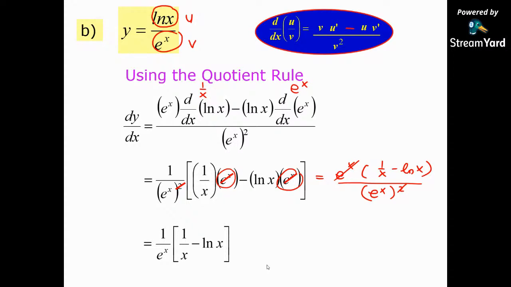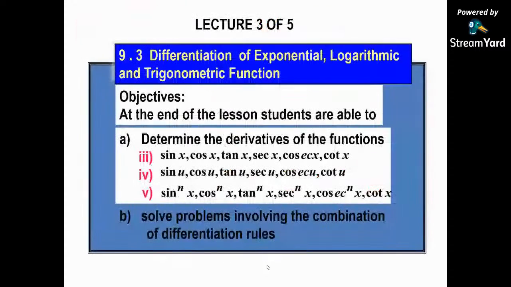So let us go to the trigonometric function. For trigonometric functions, you should be able to determine the derivative of sine x, cos x, tangent x, etc. Sine u, cos u, tangent u, etc. And whenever we have sine to the power of something.